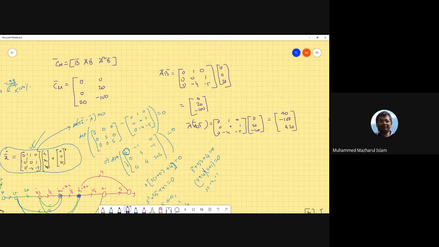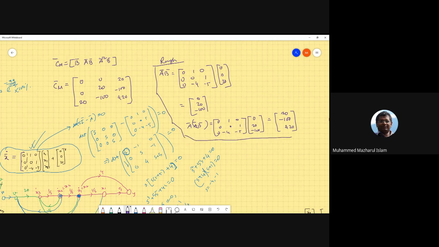Then I can cross check my results. That's how you get CM. Now after you get your CM, so this is all rough work, but you have to show the rough work. That's it. You have to show all calculations.